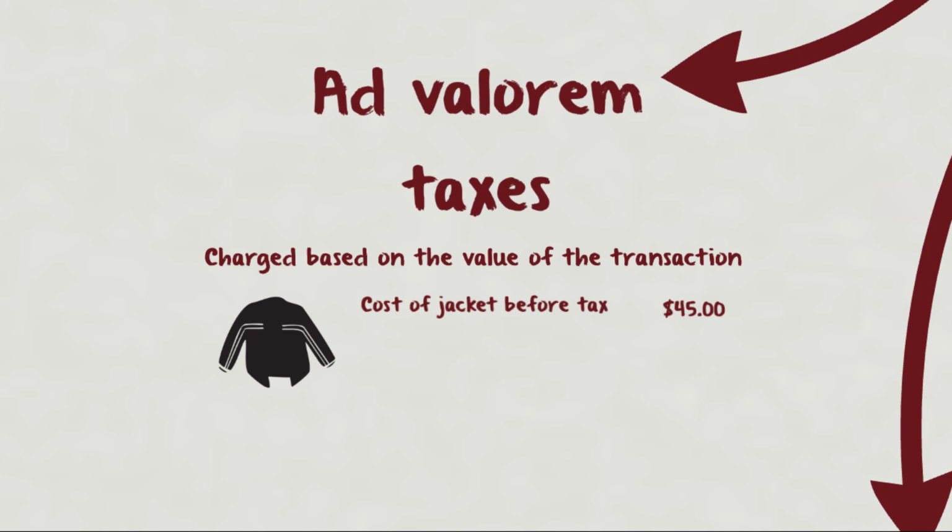However, the retailer is then obliged to add a sales tax of 5%. So 5% of $45 is $2.25. So what would the end cost be to the consumer? Well, the customer has to pay the cost of the jacket before tax plus the tax, so the customer has to pay $47.25. So that's not too difficult.